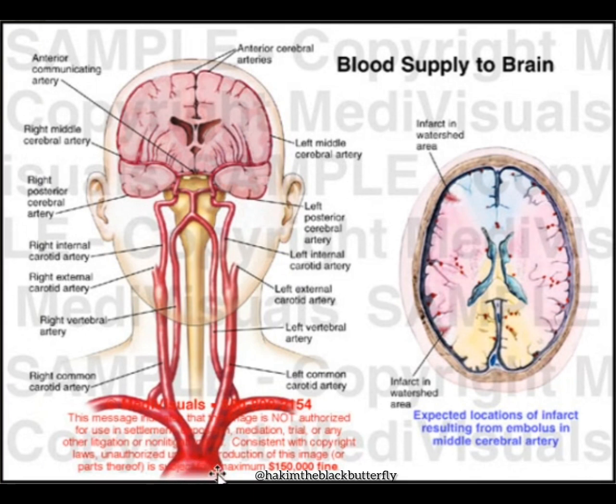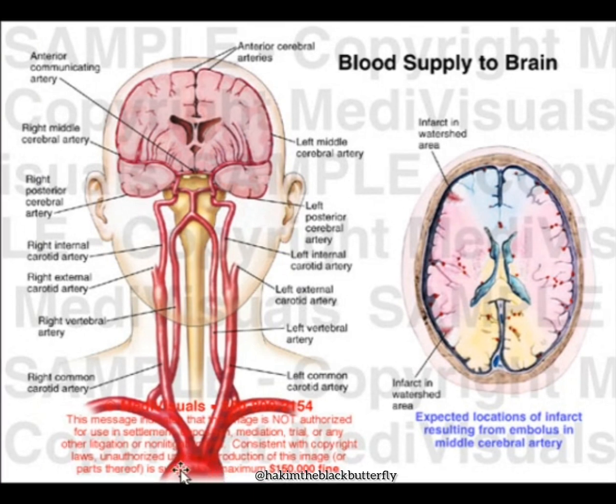This is the arch of the aorta. On the right, it gives off what we call the brachiocephalic artery.